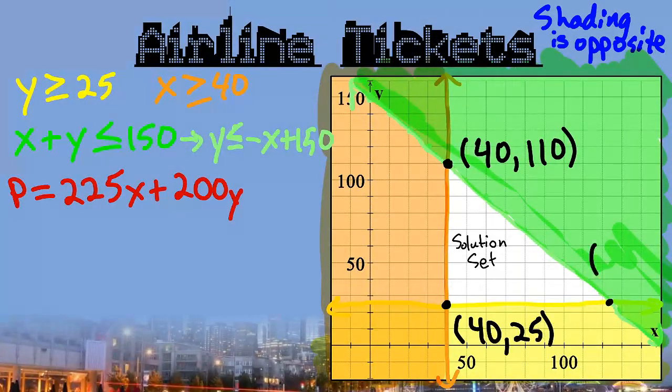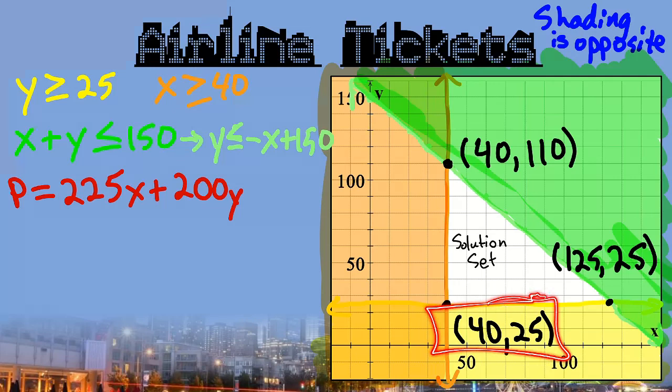And here we have 110, 20, and 125, 25. Does everyone see we do not need to check this point for maximizing profits? Of all the points, it will minimize profits.